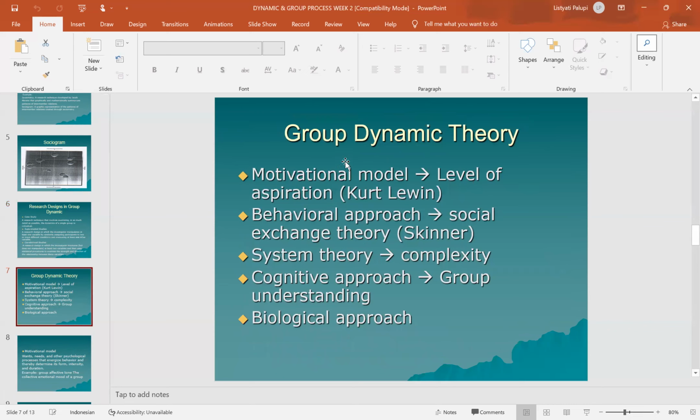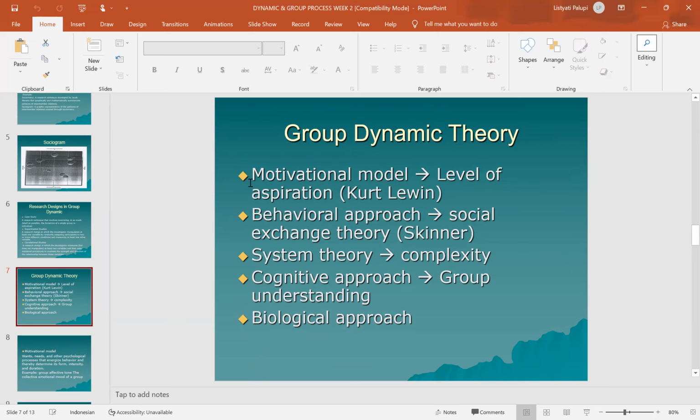There are several lines of theories that result from the studies produced by scholars in group dynamics.